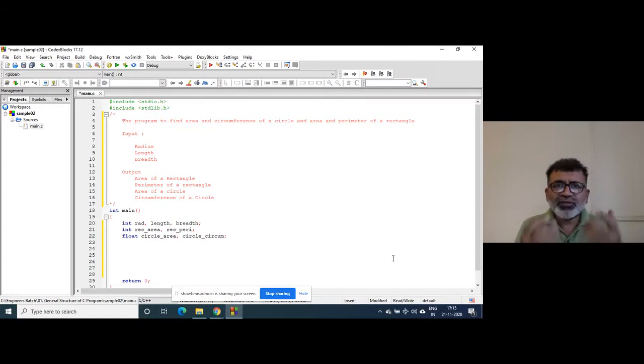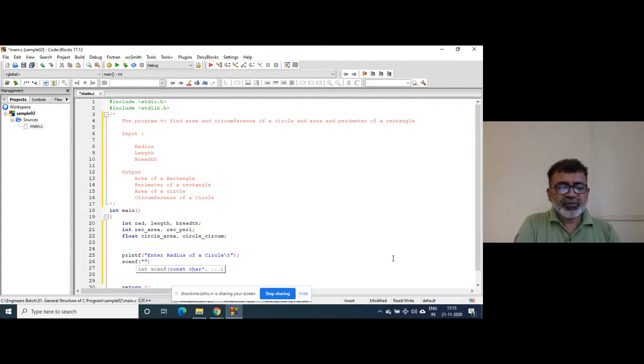So the next stage will be to input from the keyboard. I'll write printf enter radius of a circle. See the message how I have written. This E is capital, this C is capital, so it should look neat, and there should be slash t, right?